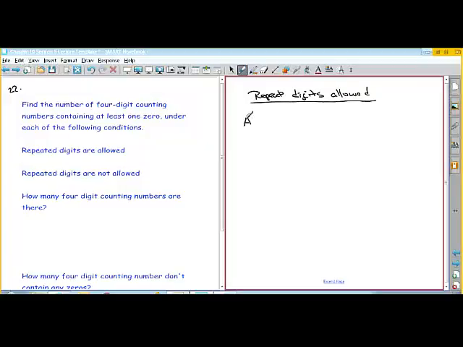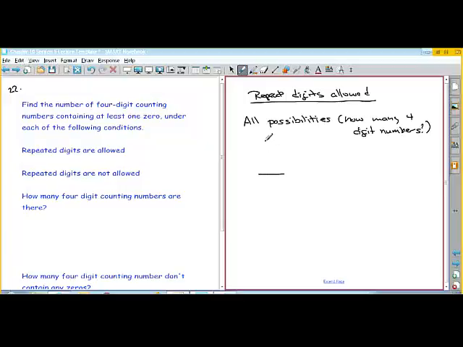Okay, so what we're going to do is do all possibilities. This is the universal set. What does that mean? How many 4-digit numbers. So let's think about this. We have a 4-step process.